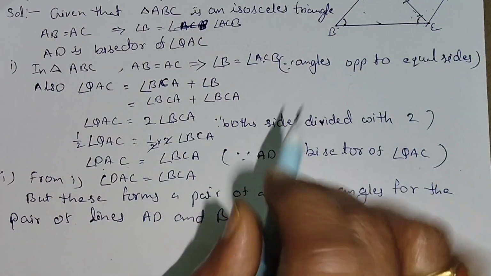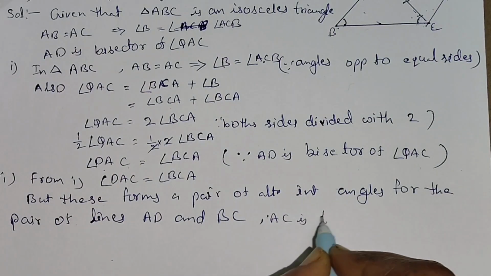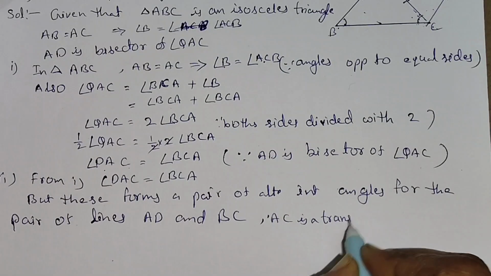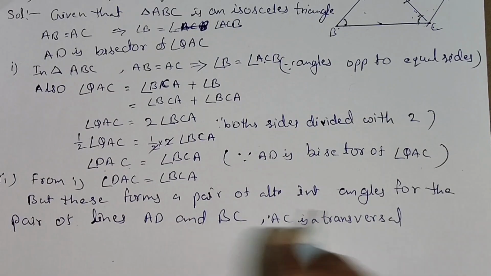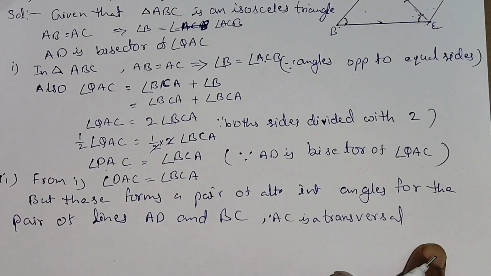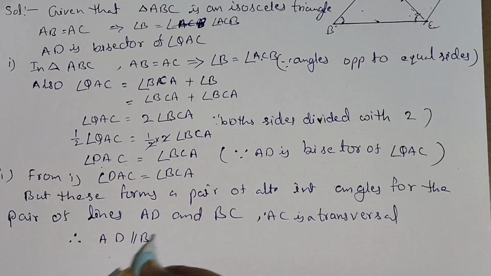So here AC is a transversal. AD and BC are parallel lines, and AC is a transversal line. These two angles are equal, so therefore AD is parallel to BC.